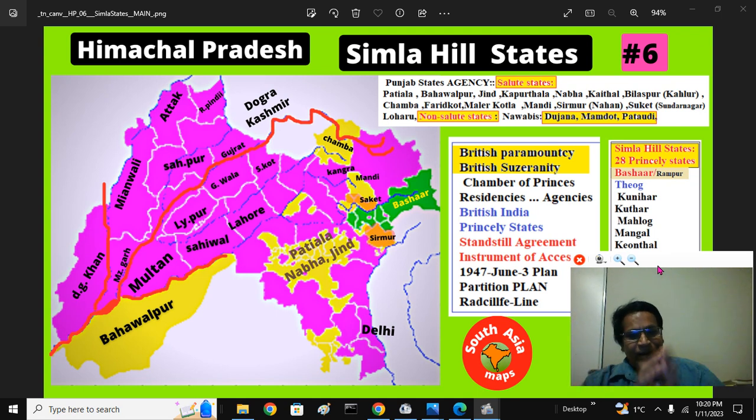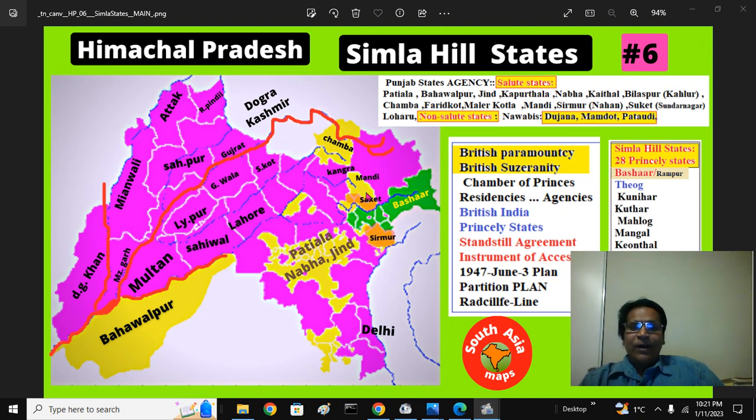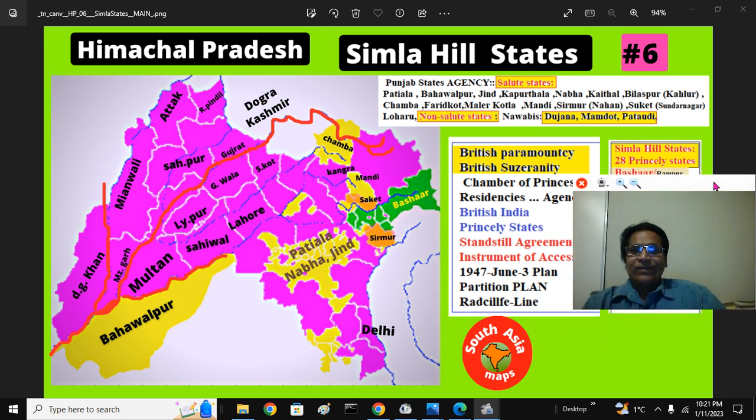A political entity that survived for a lot of decades. It was loosely associated with the Punjab States Agency, British Punjab province, and afterwards later merged into the Himachali and Pahadi and Kangri speaking districts, now designated as Himachal Pradesh. That is about the Simla Hill States we discussed today.